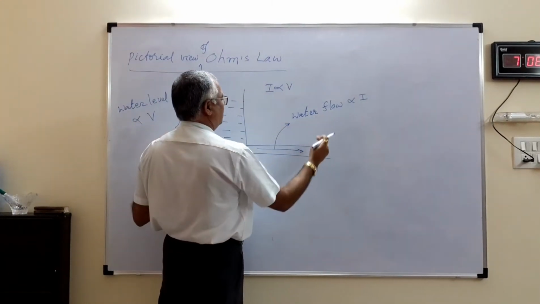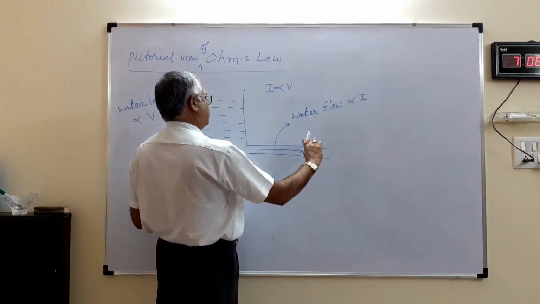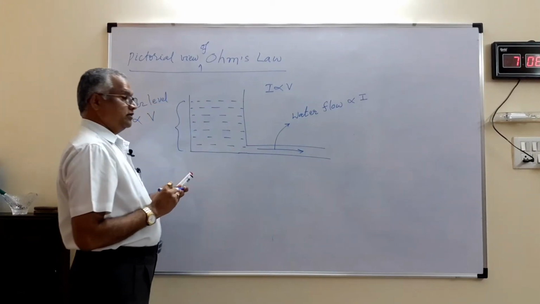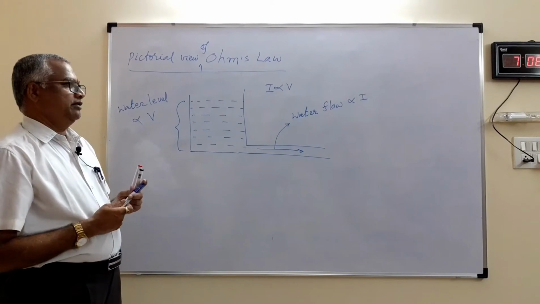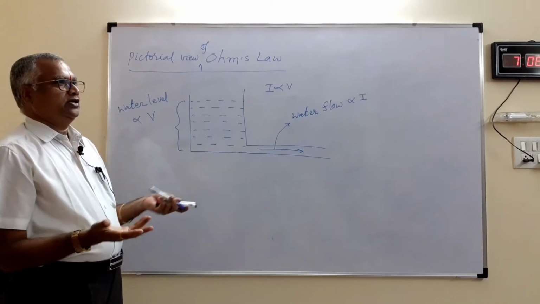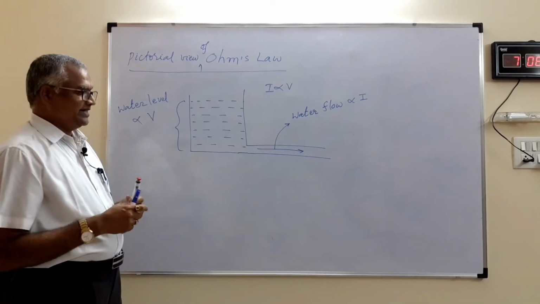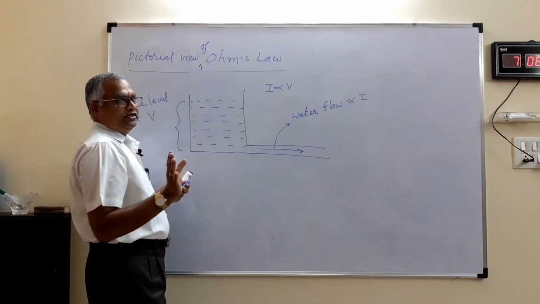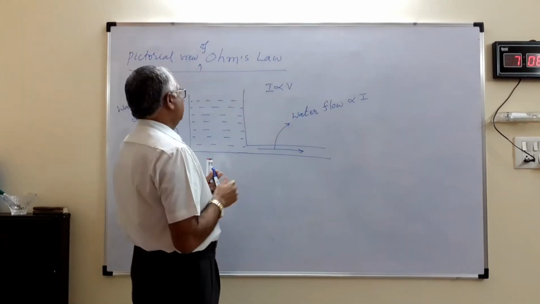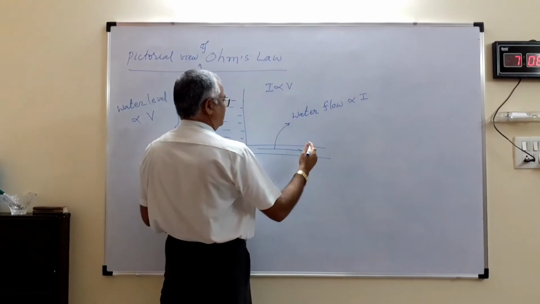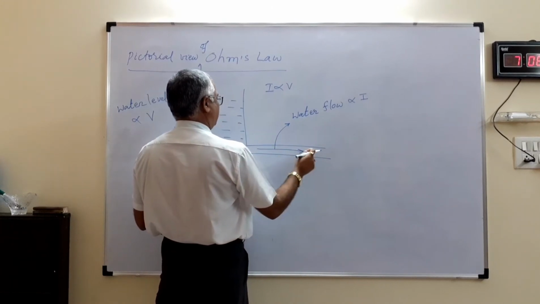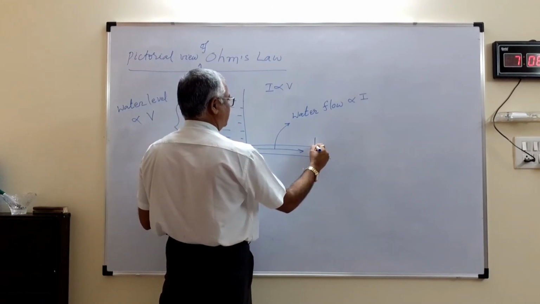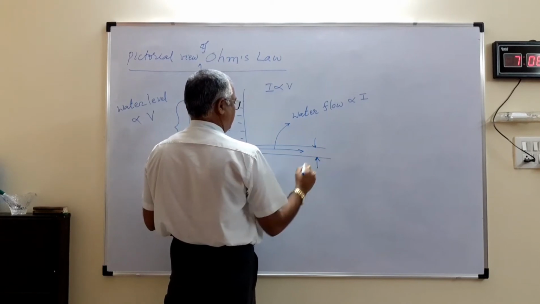But this water flow is opposed by, don't say friction. Again, friction you can't see, you can't understand. Let us not use complicated words, let us use simple words. So the flow of water is opposed by pipe diameter.